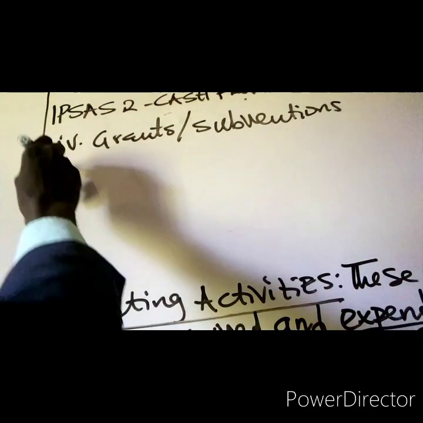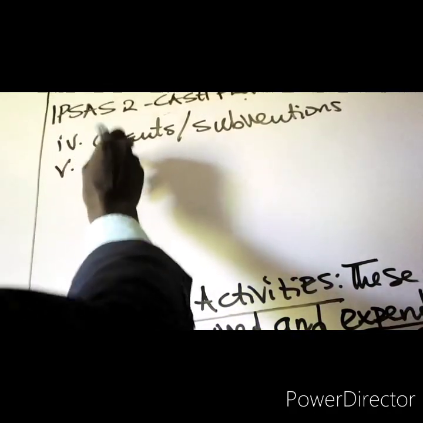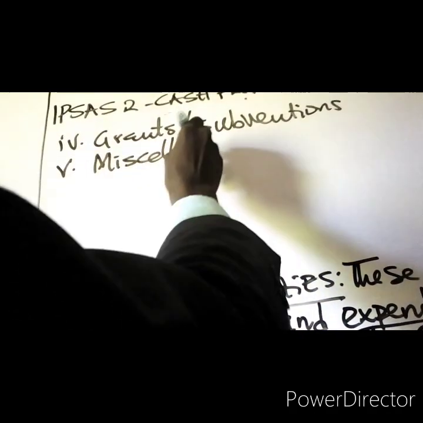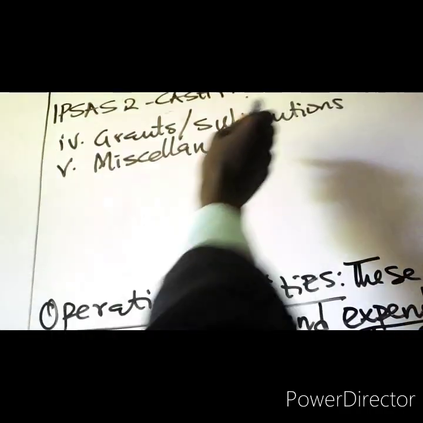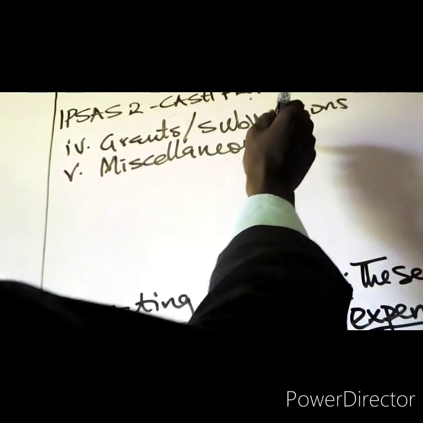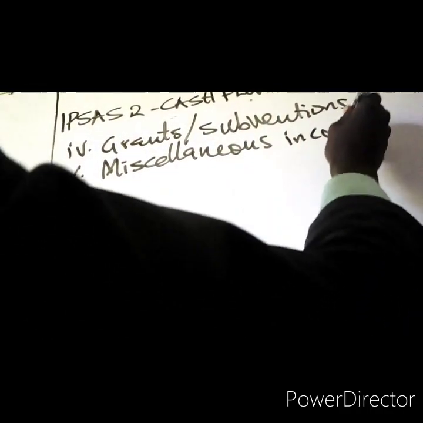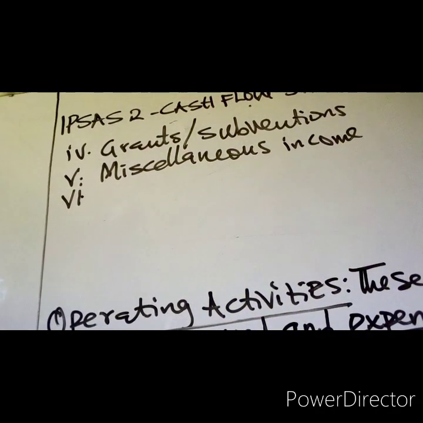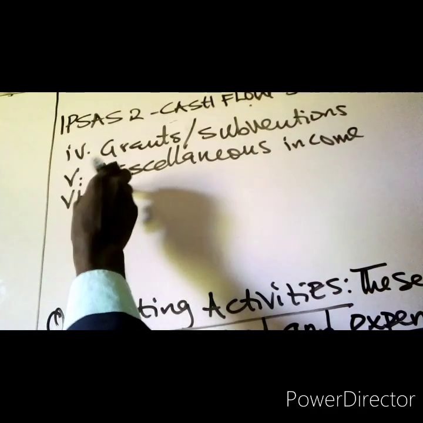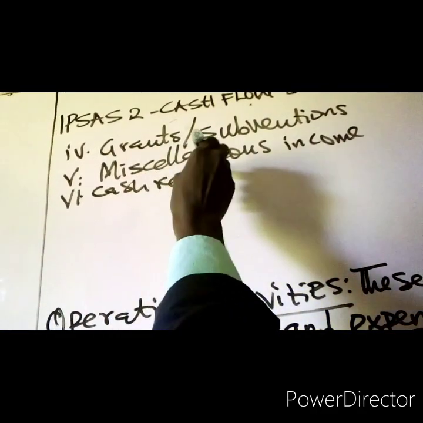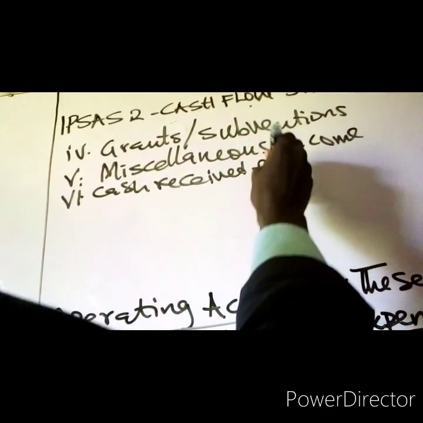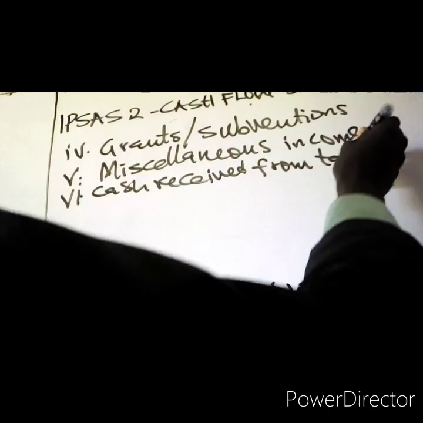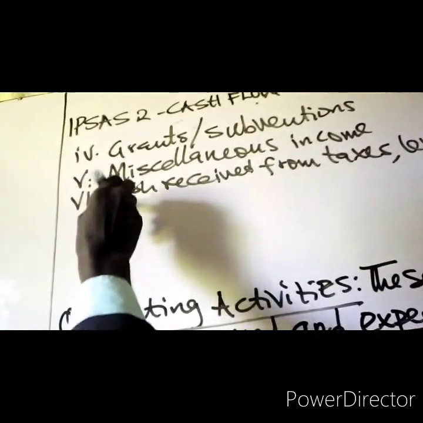Then we also have miscellaneous income. Miscellaneous income is another source of revenue of government. Then we have cash received from taxes, levies, and fines.